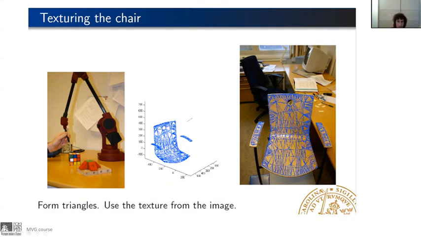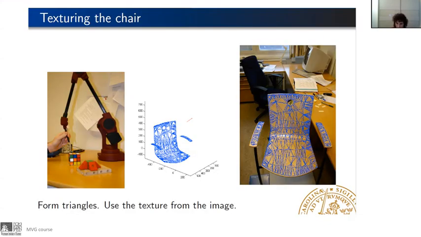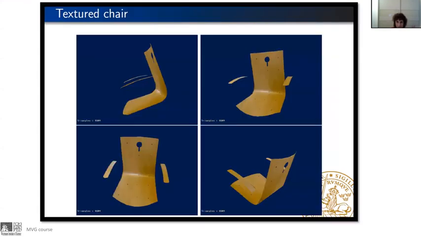And then I can take for each triangle the texture or the color from the chair. And then I can take this mesh and change the camera and render new views from new cameras using this mesh, okay?